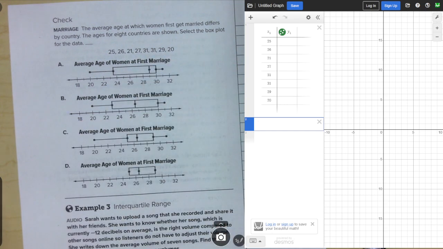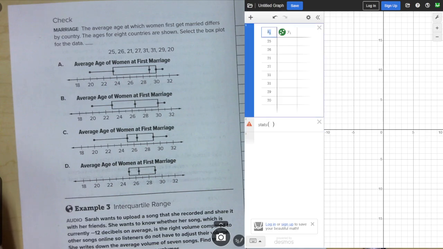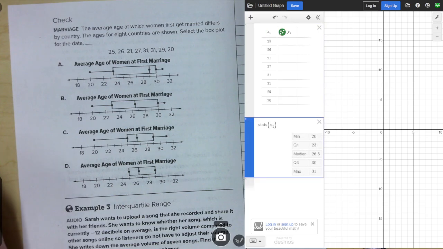Awesome. The command we're going to use is called stats. And then we're going to highlight x1, x subscript 1, and paste it right there. And voila, we have our 5-number summary.